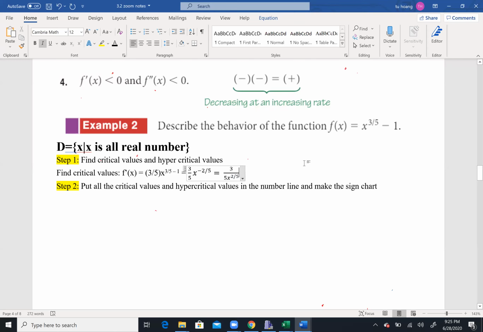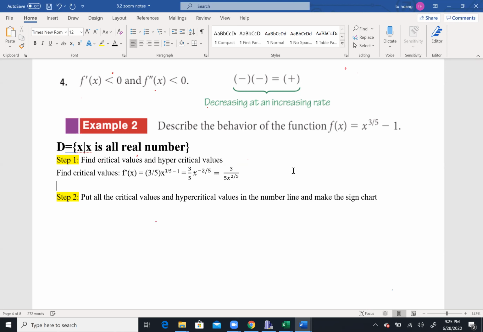If I want to find where f prime of x equals 0, how can you solve this problem?